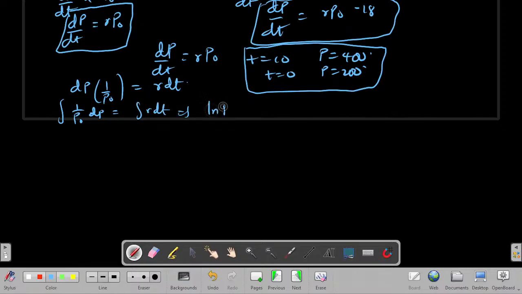I'll have ln P is equal to RT. Then to get P, I'll have P equal to e to the power RT.